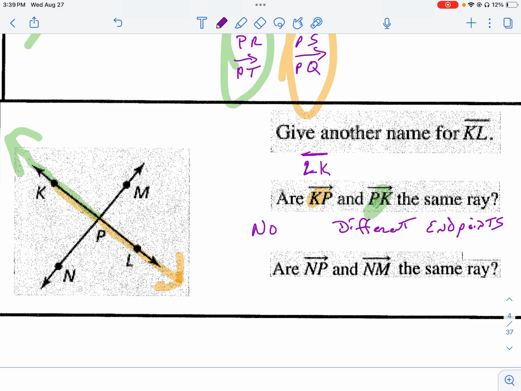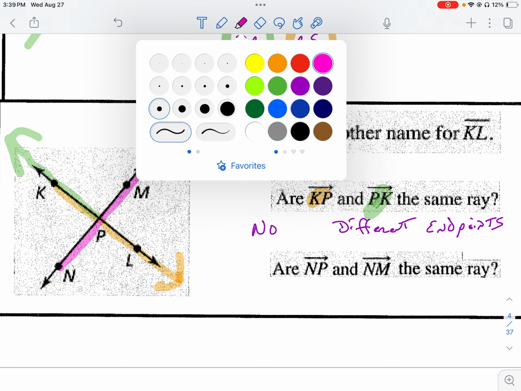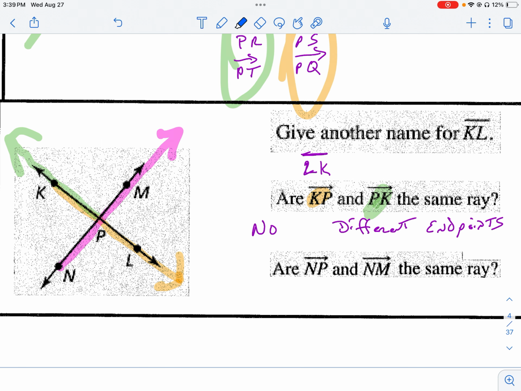Okay, so let's come to our third one, NP. So NP is going to go N through P right here, and NM, that light blue, N through M right here. They are exactly the same.